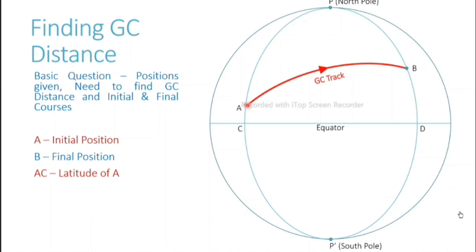The definition of latitude is the arc of the meridian contained between the equator and that particular position. So that is what AC represents. So this tells us that AC is the latitude of our initial position A.